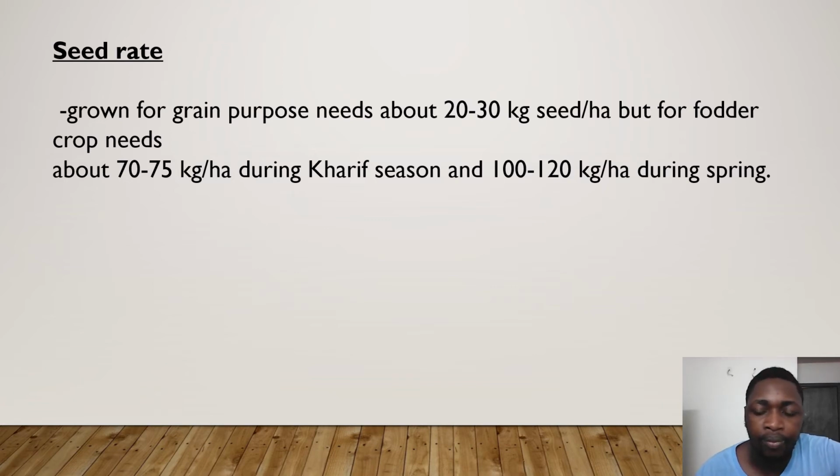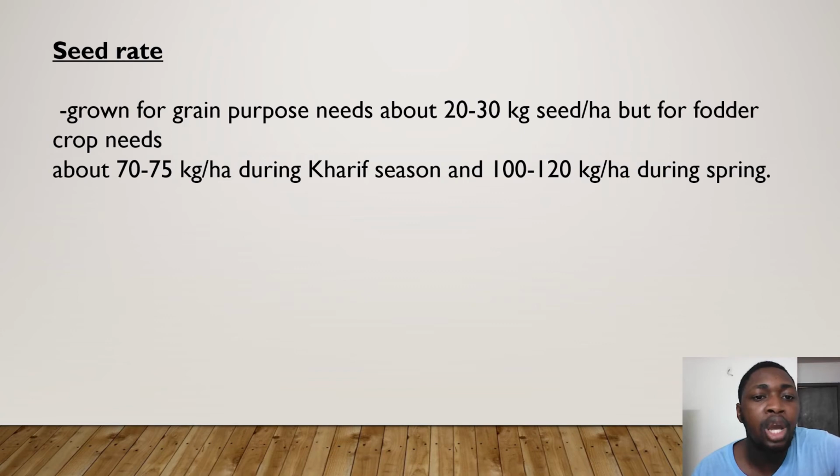Seed rate. How much or what is the amount of seed which we should put in the soil? What is the amount of seeds to be planted in 1 hectare? How many kgs of seeds are needed in 1 hectare?